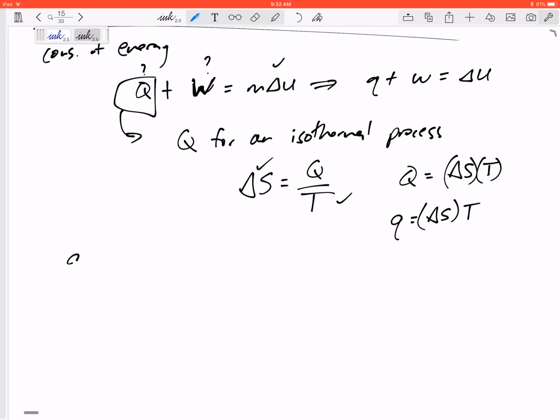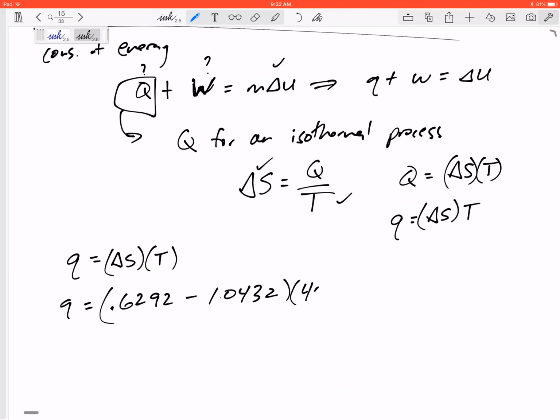So I'm going to calculate the Q not by conservation of energy, but from entropy. Q is delta S times T. I could only do that because it was an isothermal heat transfer. So Q is 0.6292 minus 1.0432 times the temperature, 40 degrees C, but I've got to have this in absolute temperature.